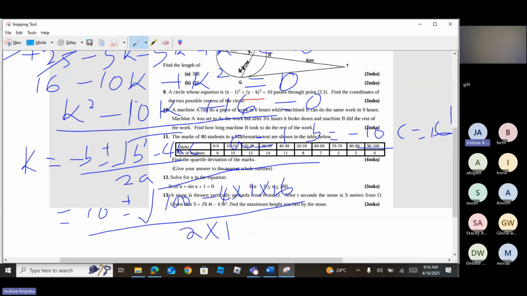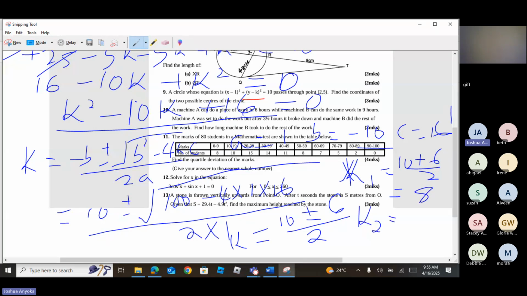So k is equal to 10 plus or minus the root of 100 minus 64, which is 36, root 36 is 6, over 2. So k1 is equal to 10 plus 6 over 2, which is 8. k2 is equal to 10 minus 6 over 2, which is 2.